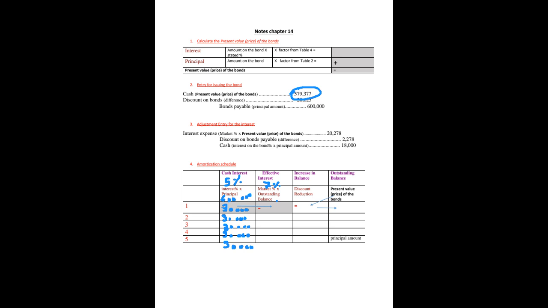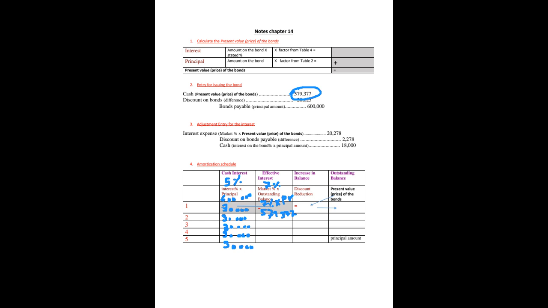So this will be the first outstanding balance, and the 7% times 579,377 gives the effective interest for the first payment.